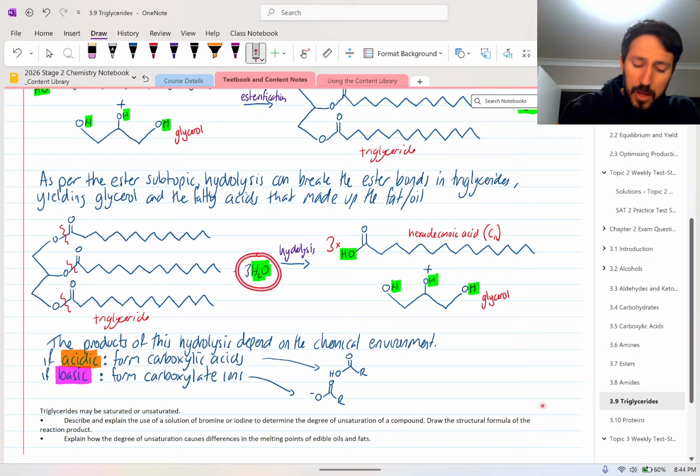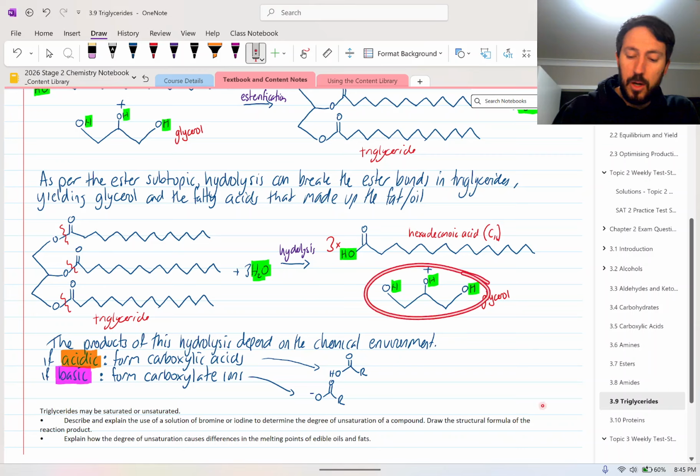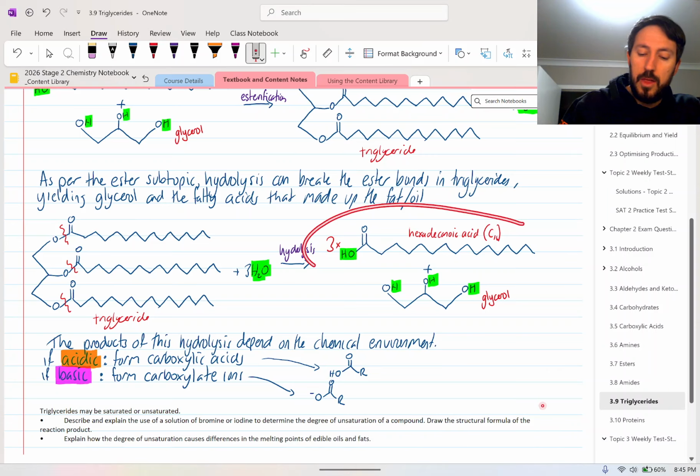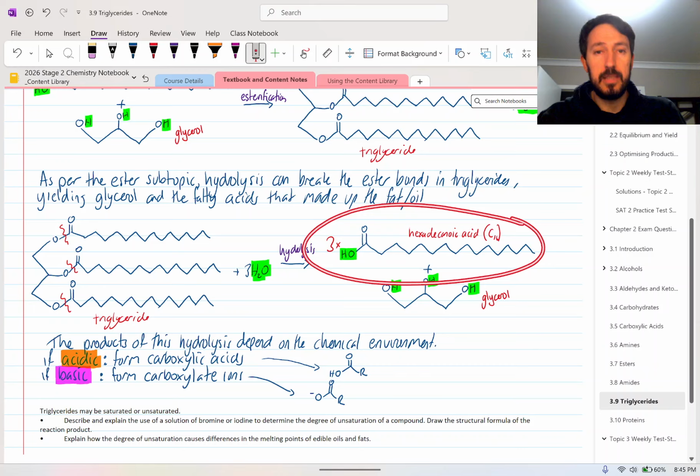We add 3 molecules of water because we're breaking 3 ester bonds. We're cutting them here, adding a hydrogen to one side and the OH to the other. And we'll liberate an alcohol, the glycerol in this case, which is that propane 1,2,3-triol, and we'll liberate 3 molecules of our hexadecanoic acid.